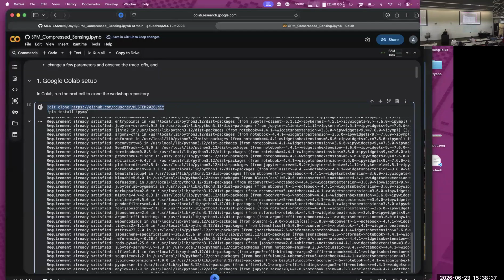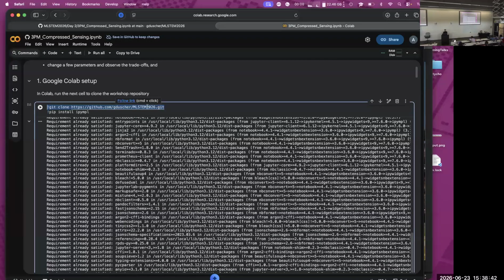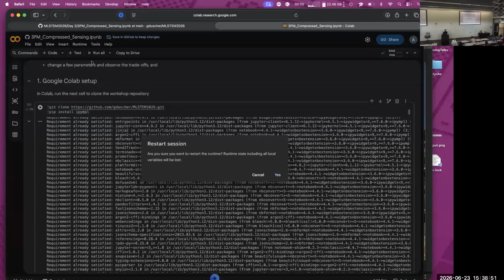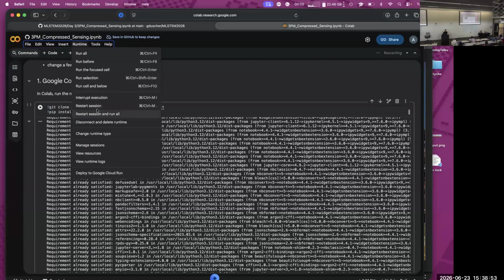So this is just cloning the summer school repo that has all the images in it and installing interactive plotting. So after this cell runs for you, you will have to restart the runtime by going to runtime, restart session.